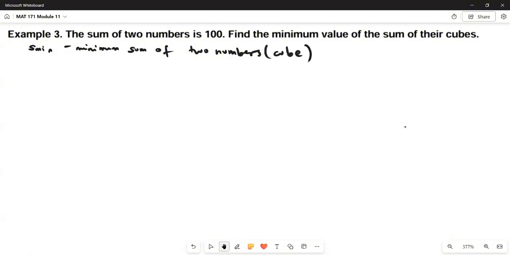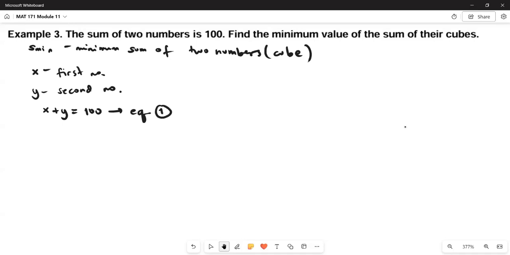Okay? So, ano yung given quantities? Meron tayong sum of two numbers. Tapos, sabihin natin yung x is the first number, and then y is the second number. So, gamitin natin yung x and y. X plus y is equal to 100. That's our first equation. So, tingnan natin kung may magagamit tayo dyan.